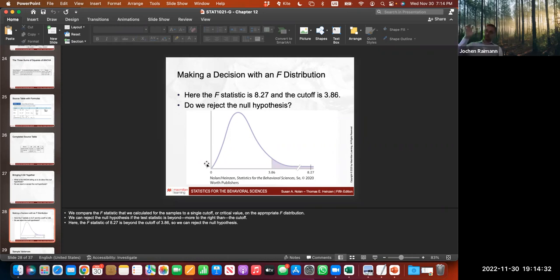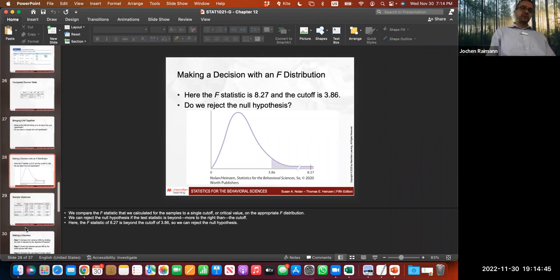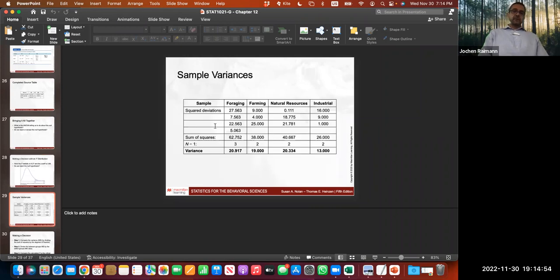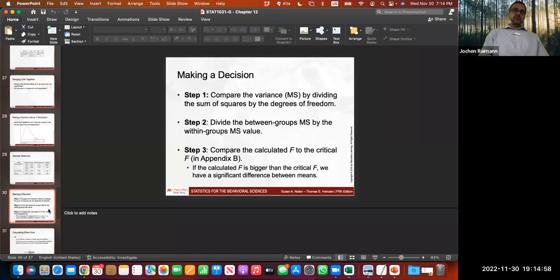So the critical value comes from the F-score table. The calculated F is the one we calculated based on the source table and our calculations. And if it exceeds, we will reject the null hypothesis and we will accept the research hypothesis that says that at least one mean is different from another mean. Good.